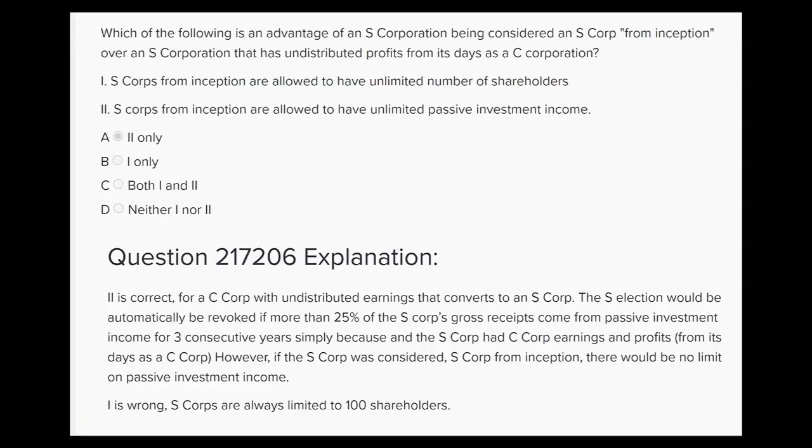And that's simply because the S Corp was once a C Corp. However, if the S Corp was considered an S Corp from inception, then there's no limit on passive investment income. So 2 is correct because that is a big advantage of being an S from inception.